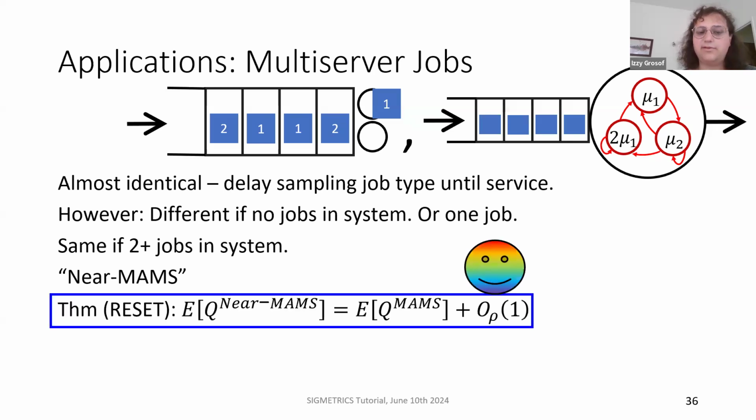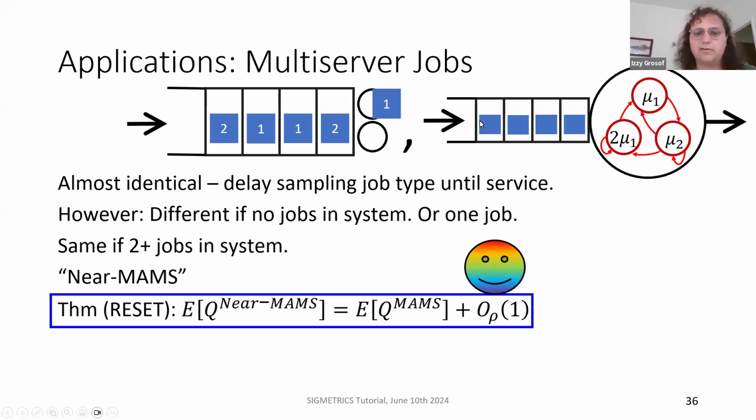And we actually have a theorem that applies to any near MAMS system. It tells us that the mean queue length in this near MAMS system is the same as the mean queue length in this exact MAMS system, with the equivalent service process, plus some constant number of jobs, where that constant does not diverge as a function of the load growth.